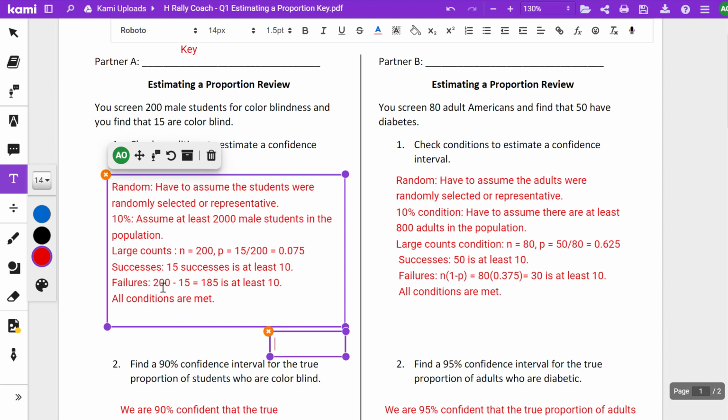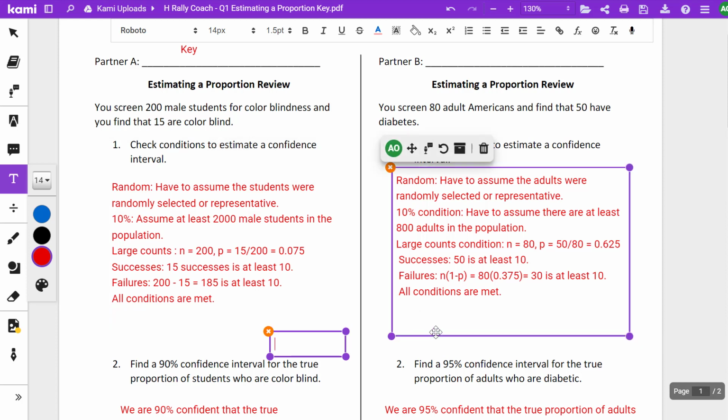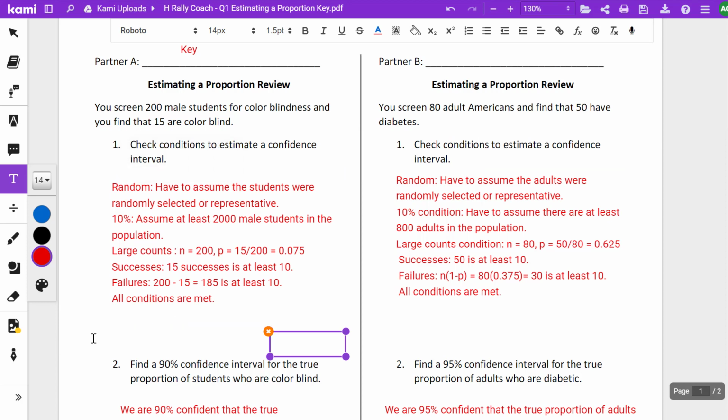And then for failures, I could do n times 1 minus p, or I could just subtract the successes from the total. So I've got 15 here and 185. Both are at least 10, so all conditions are met. Over here, when we multiply it out, we have 50, and then the remainder is 30. Both of those are at least 10, so all our conditions are met.